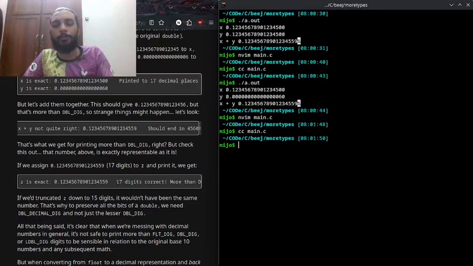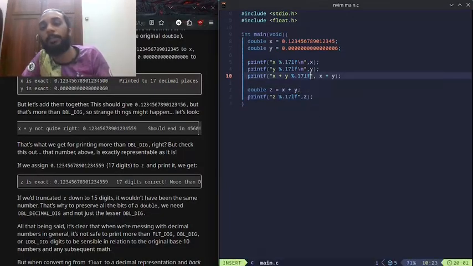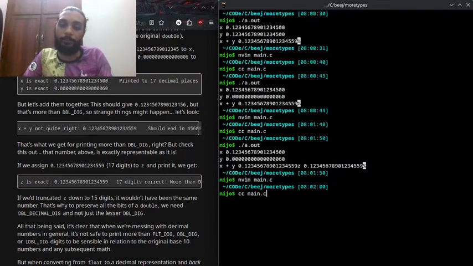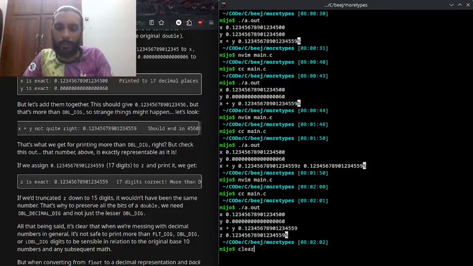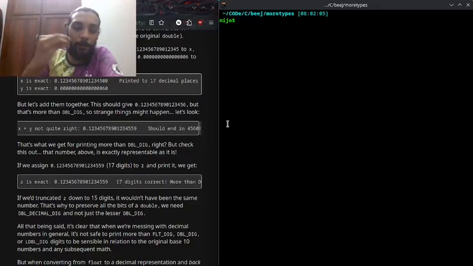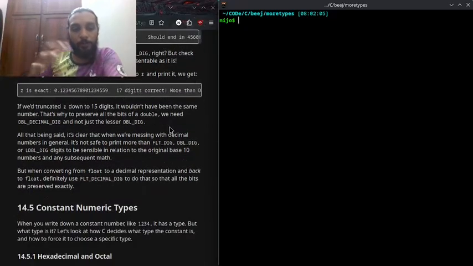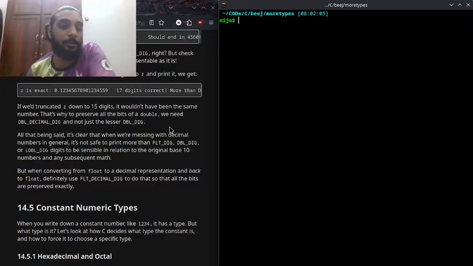And if I do this, it still preserves the number. So what I mean by it preserves is, let's go through that again. You might think that it would have given a wrong answer, right? If you had truncated down to 15 digits, it would have been the same number. That's why to preserve all the bits of a double, we need DBL_DECIMAL_DIG.